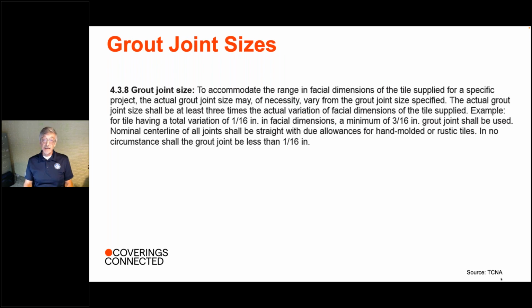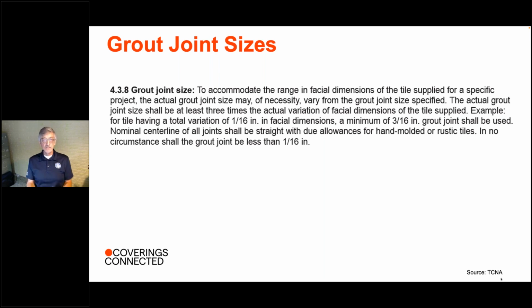Grout joint size matters. What these words right here say, that if you have tiles that vary in facial dimension, they vary in size from one tile to the next, then you need to open up the grout joint to accommodate the variation in tile size. Let's give an example, and this does give an example.